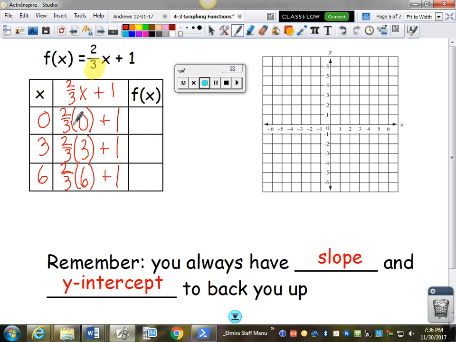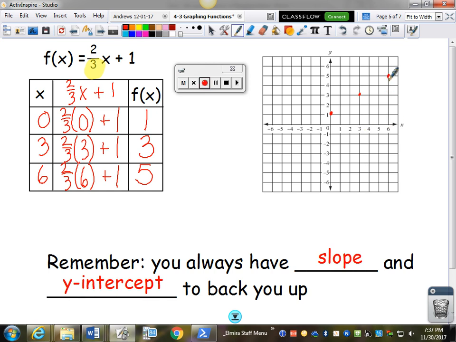So 2/3 times 0, even if you can't multiply with fractions, anything times 0 is 0, plus 1 is 1. 2/3 times 3 plus 1 is 3. And 2/3 times 6 plus 1 is 5. 0 and 1, 3 and 3, 6 and 5.